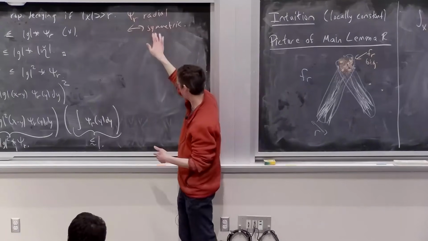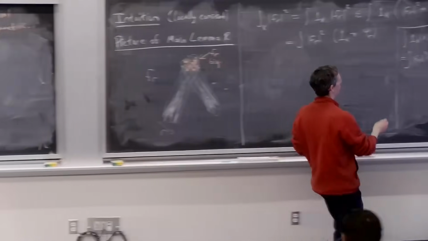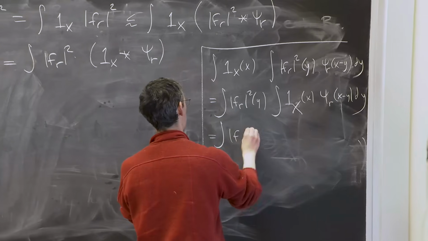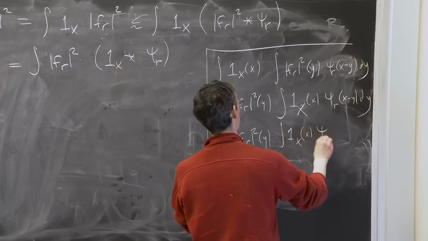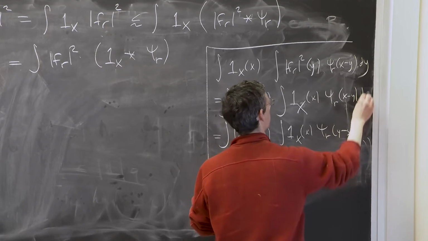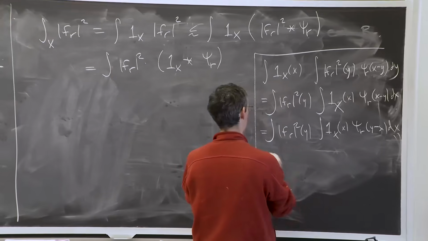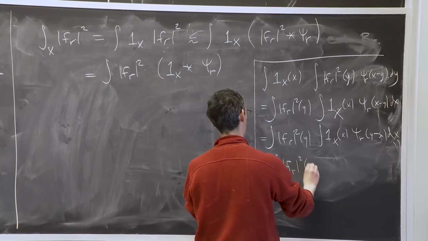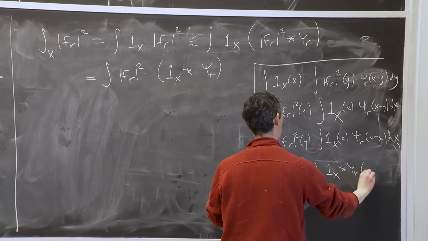So this guy is radial and symmetric. And because that's symmetric, I can switch those. So that's the integral fr squared of y, integral 1x of x, cr of y minus x. Sorry, this one is dx. So that's the integral of fr squared of y, 1x convolved with cr of y.